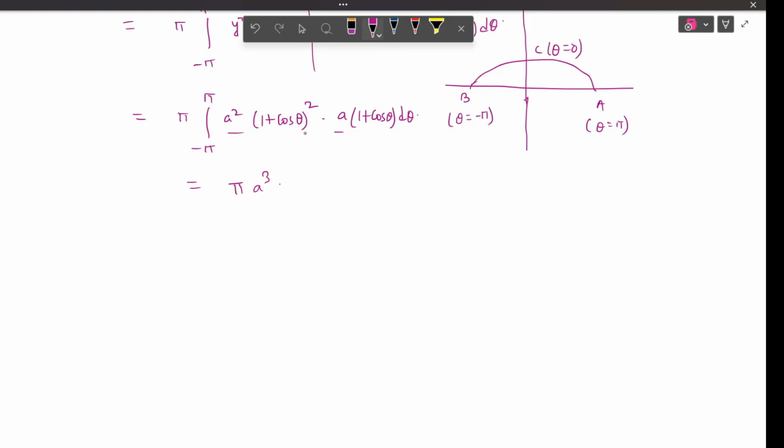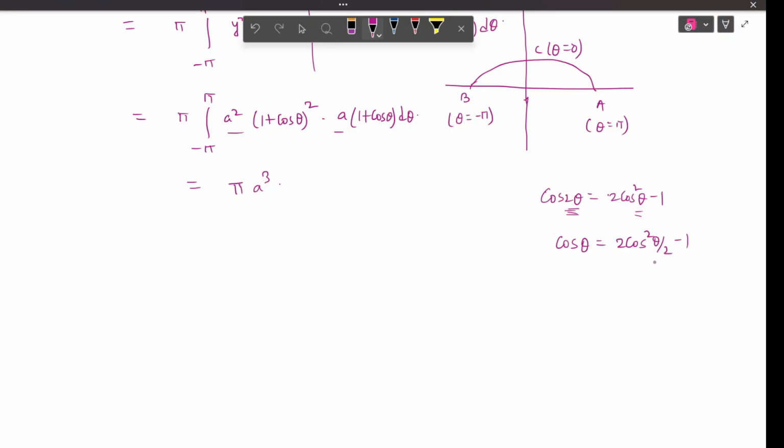You have to simplify this, because we know cos 2 theta is 2 cos square theta minus 1. So if we have 2 theta here, we have theta here. So cos theta would be 2 cos square theta by 2 minus 1.